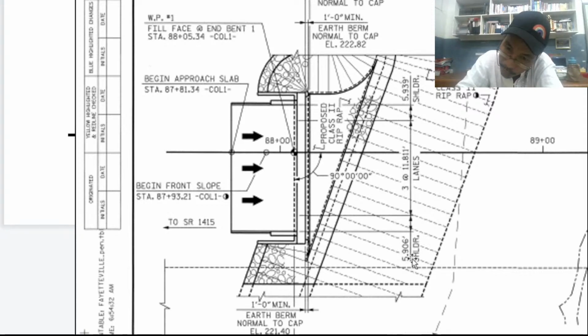This shoulder here is 5.906. It's not very substantial, a little bit different from each other. Anyway, those are the shoulders. So between these shoulders, we have 3 at 11.811 feet.